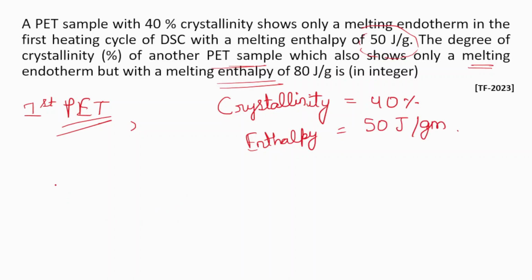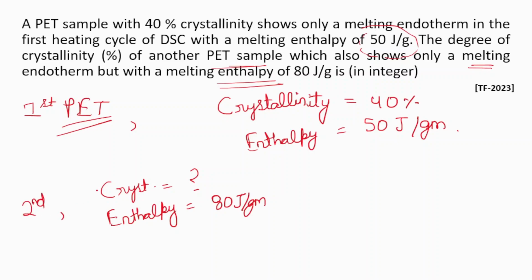For the second PET sample, we need to find the crystallinity, and the enthalpy is given as 80 joule per gram. Both these samples are PET samples, meaning polyethylene terephthalate samples.